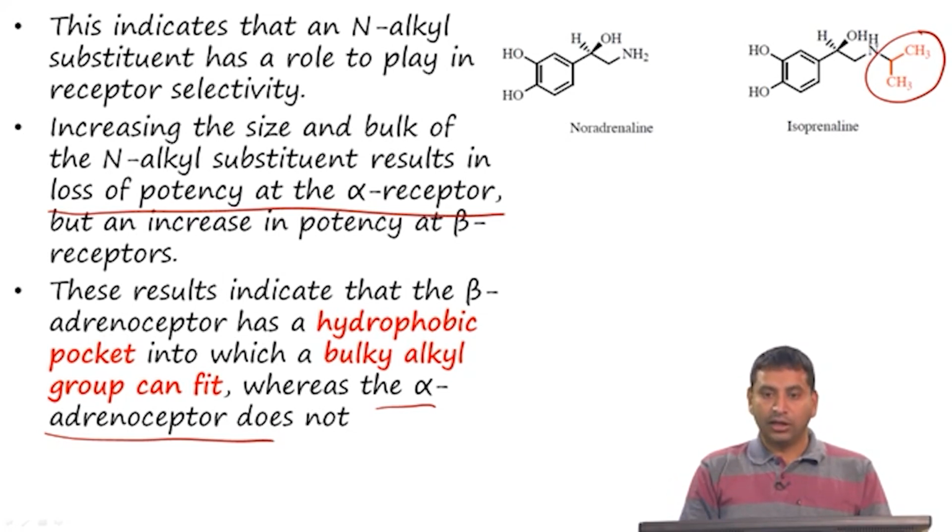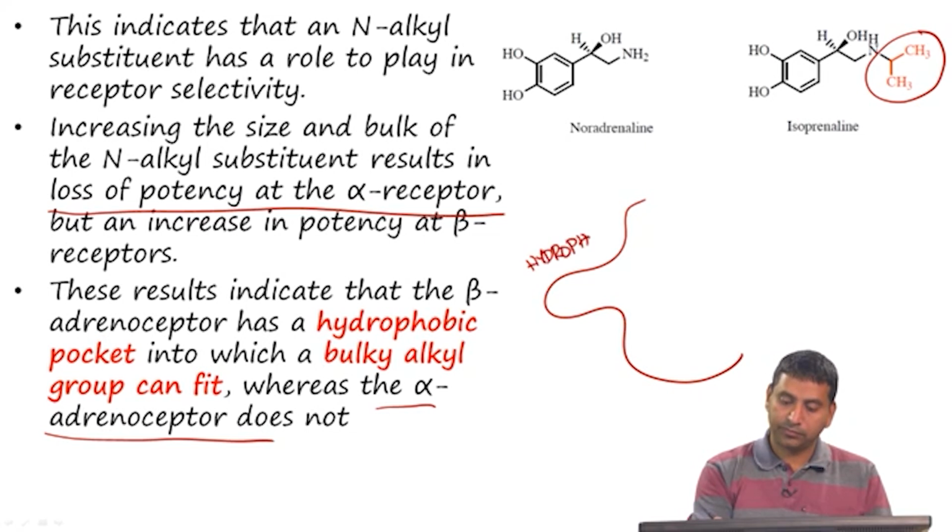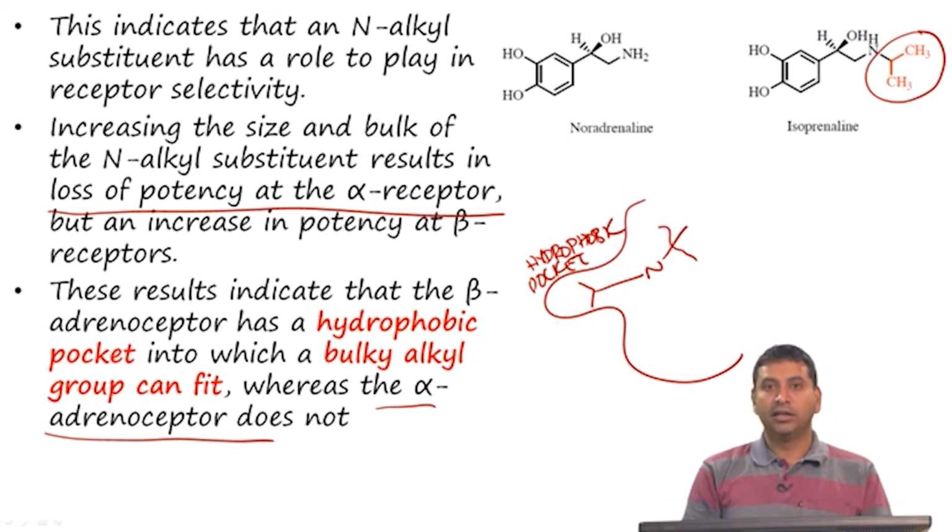From this, we can infer that there might be a hydrophobic pocket where this isopropyl group binds, and this hydrophobic group seems to be important for binding, whereas the alpha adrenoreceptor does not seem to have this hydrophobic group, which results in no selectivity.